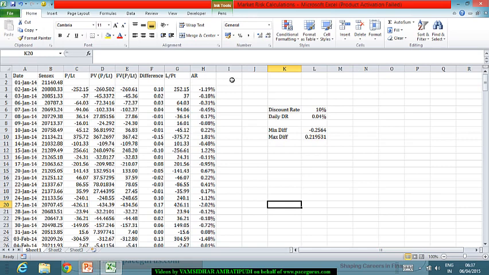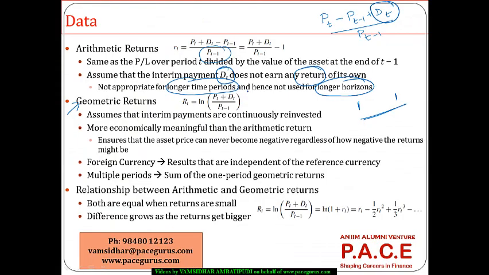At the same time, the other thing we use in our data is the computation of geometric returns. The geometric return is generally represented by capital R, arithmetic return by small r.